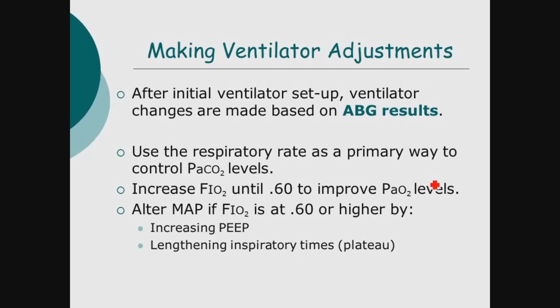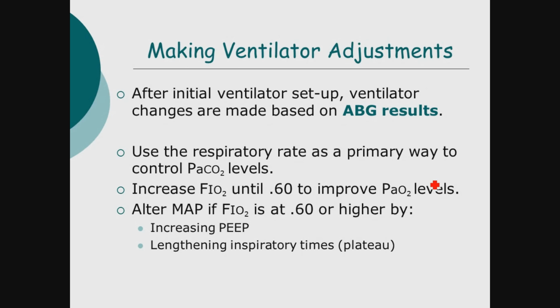Once we get the patient set up, after a period of time, we'll go ahead and get a blood gas analysis. And you know that the primary way that we're going to control PaCO2 is to look at the tidal volume and the respiratory rate. Once we establish a tidal volume, we typically do not change the tidal volume. We're going to use the respiratory rate as the primary mechanism to control CO2.